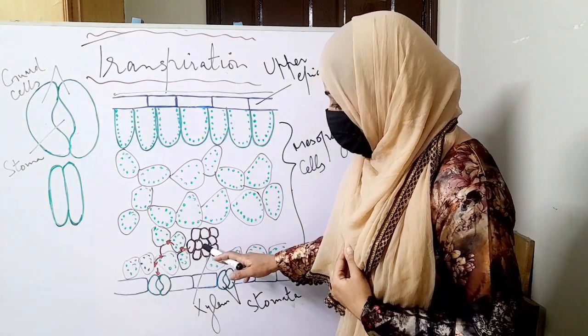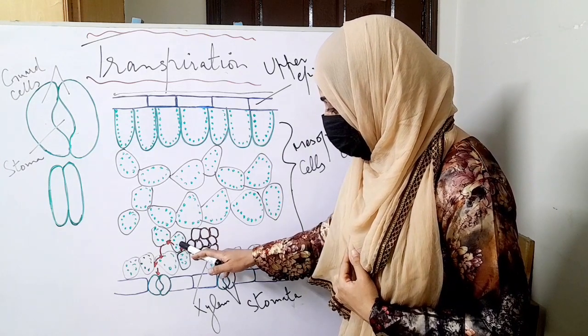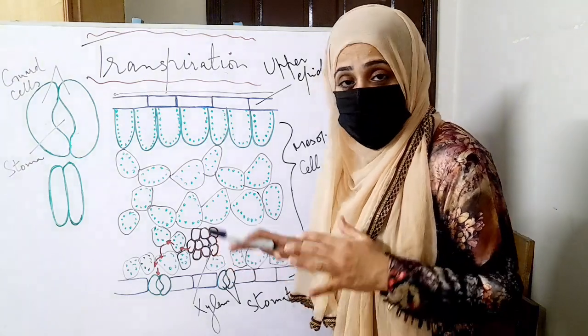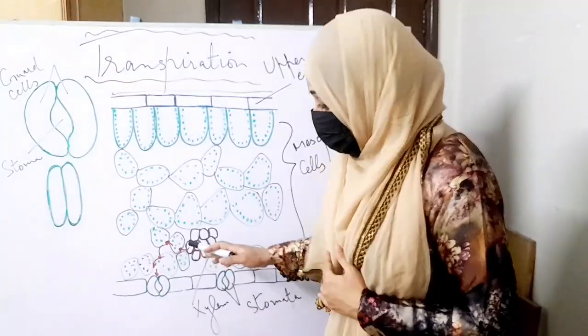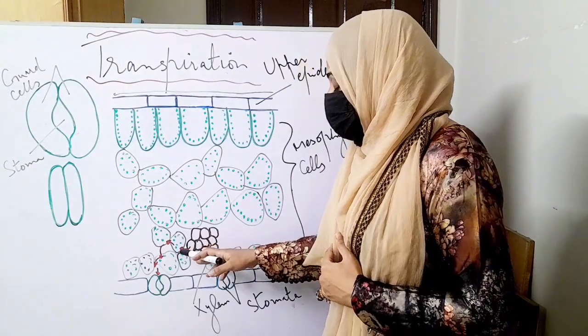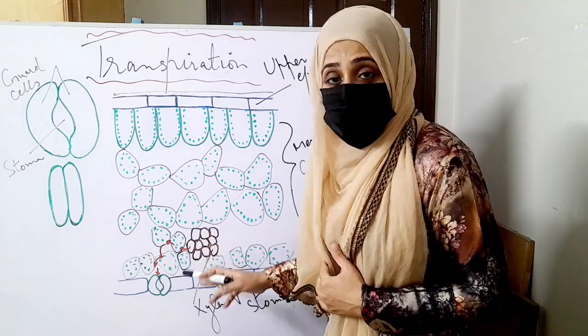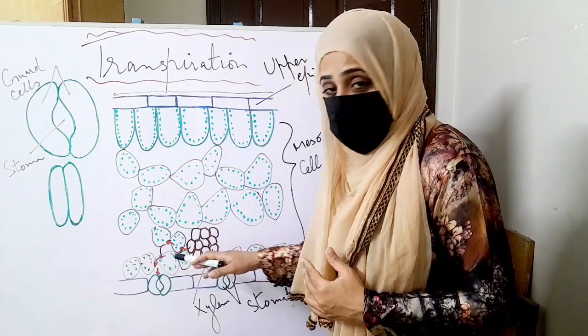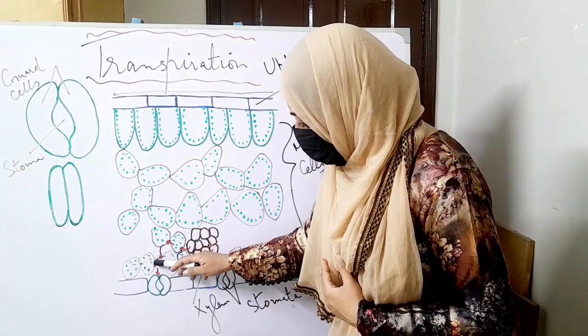Now this water is drawn by the mesophyll cells. Water enters from the xylem into the mesophyll cells. From the mesophyll cells, this water moves along the cell walls of the mesophyll cells, forming a film of water like this.